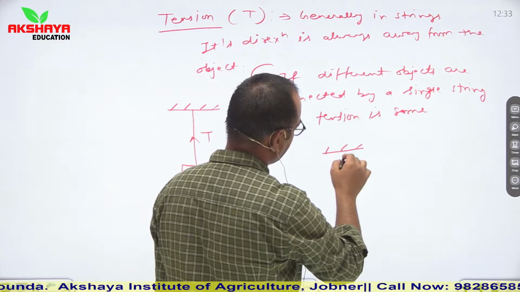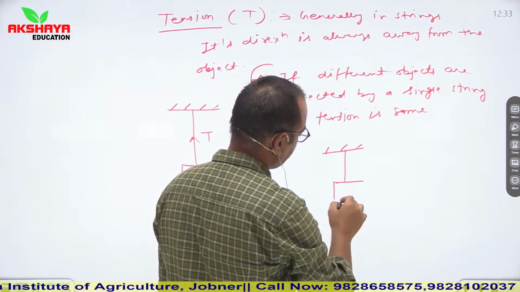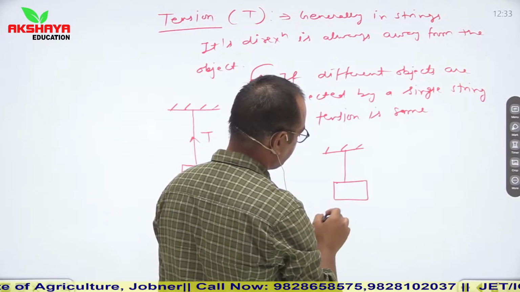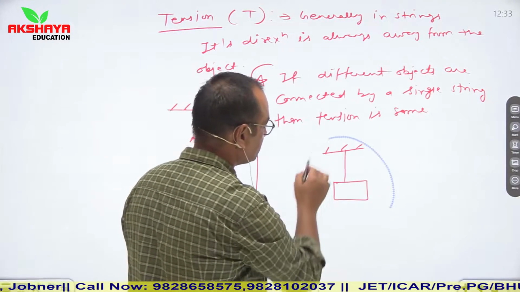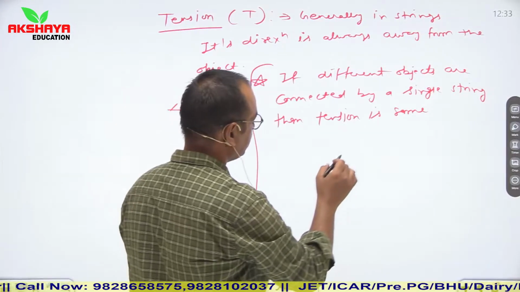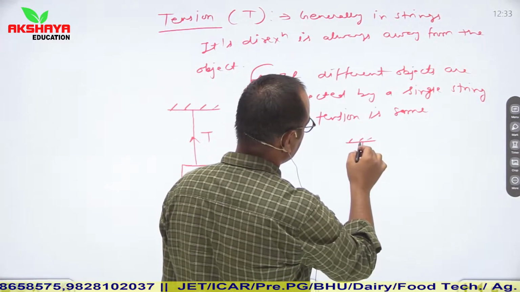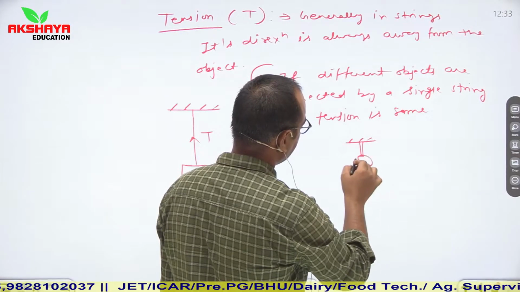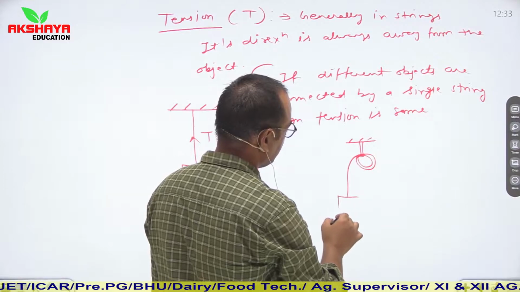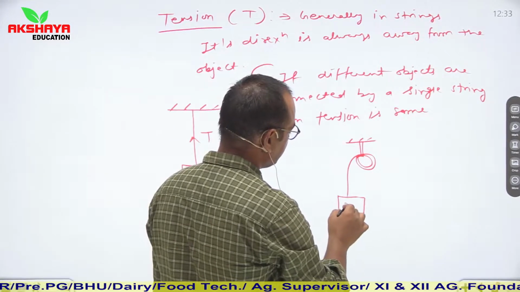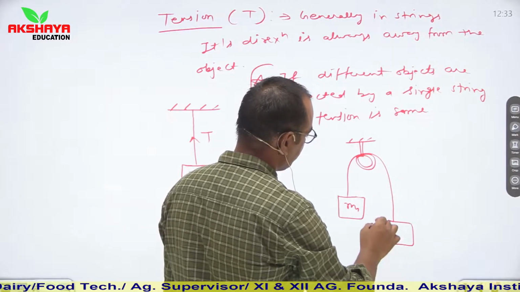Again, consider this way. Let us say this is a pulley, a string is like this way, and this is an object of mass m1, this is another object of mass m2.